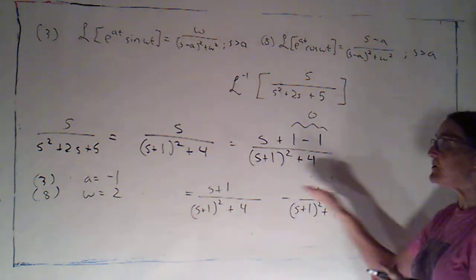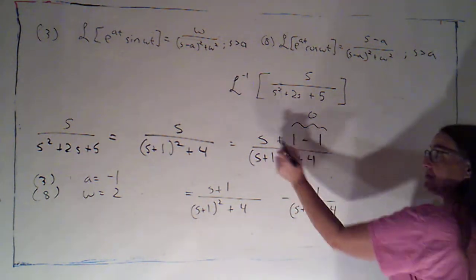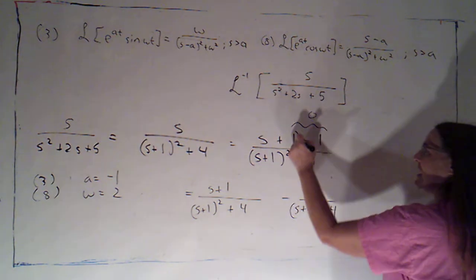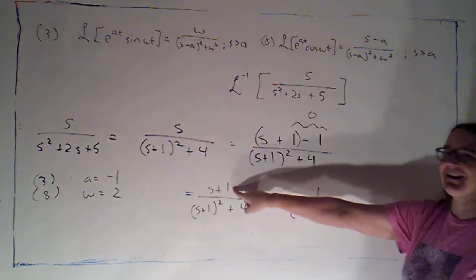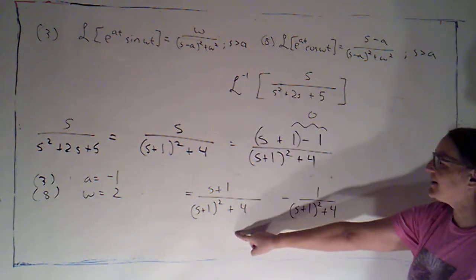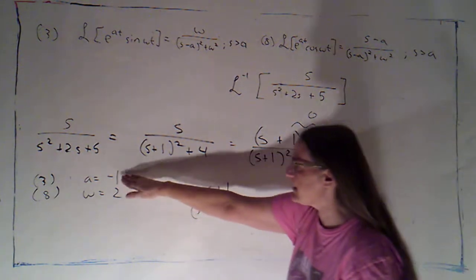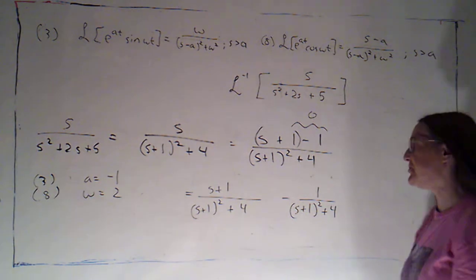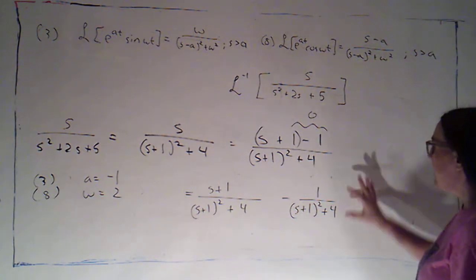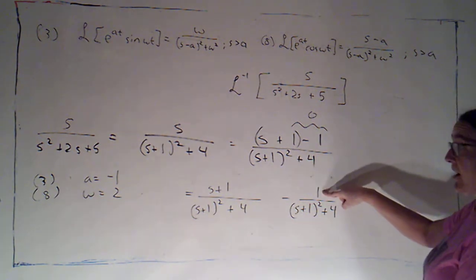I can distribute the division, but instead of distributing it to all three terms on top, I grouped it so that I get an s plus 1 on top. I'm liking it. This now matches formula 8 with my choice of a being -1 and omega being 2. This is so exciting. This now has just a number on top.